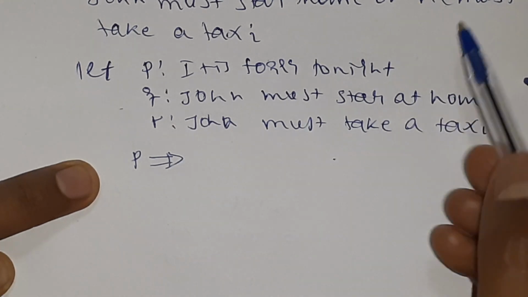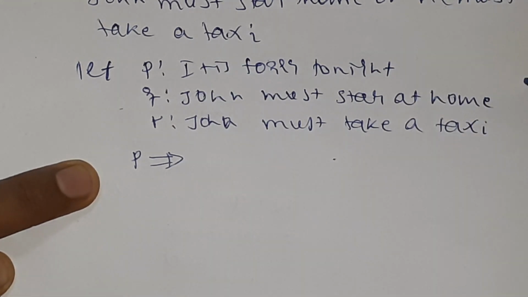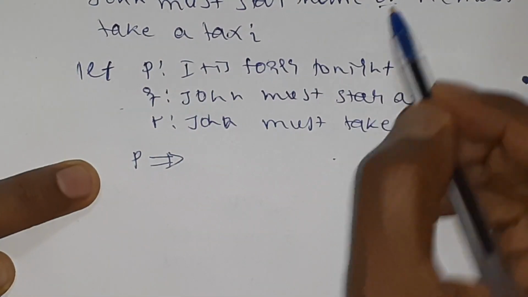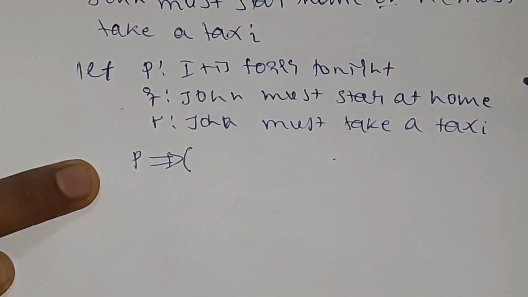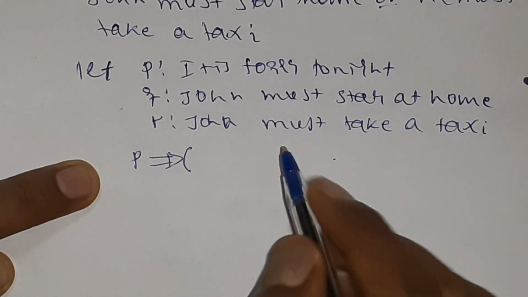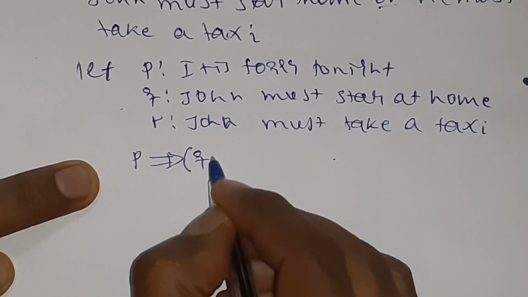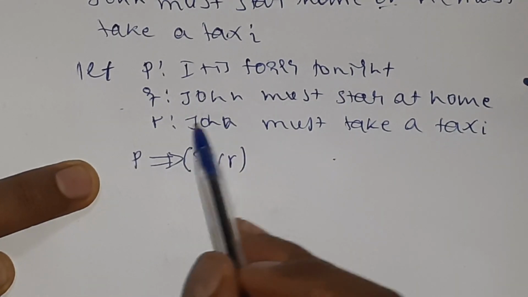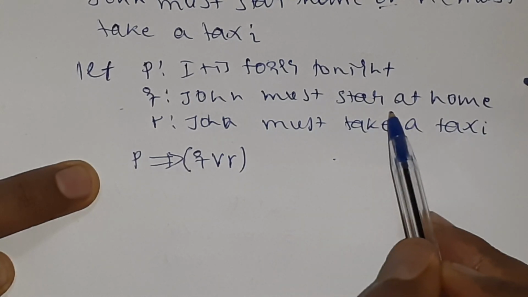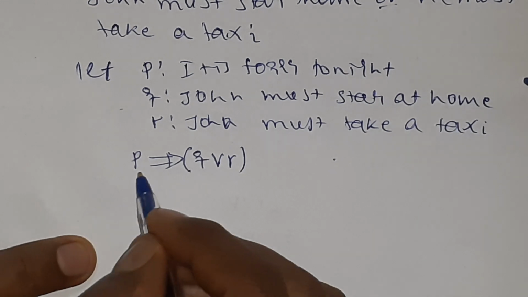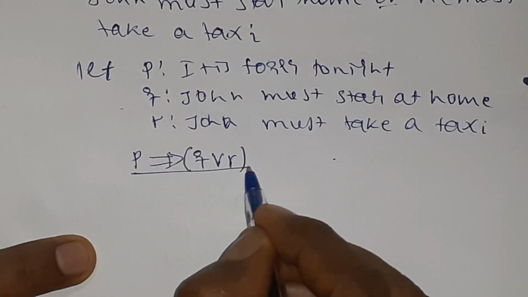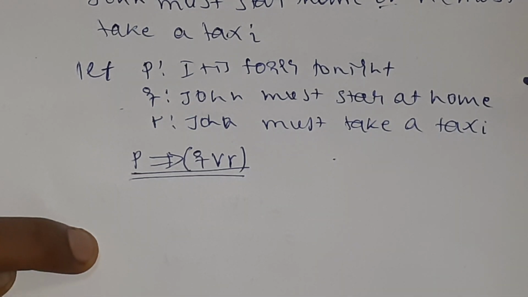It is a combination of two sentences combined by the disjunction, or. Therefore this could be enclosed by a bracket. Therefore it must be Q or R, that is, John must stay at home or he must take a taxi. Therefore the symbolic form of the composite sentence will be P implies (Q or R).